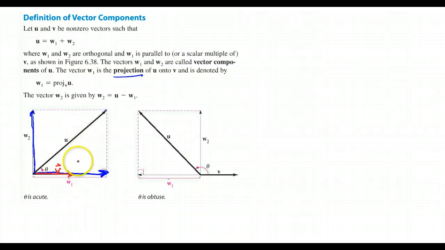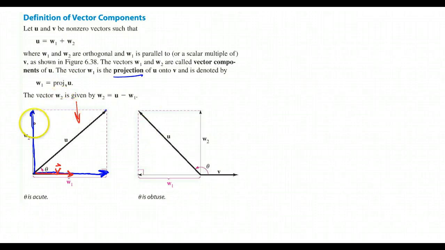If it helps, you can think of w1 as kind of like a shadow. If vector v is going along the horizontal and I shined a light down on top of vector u, its shadow would be right over on top of vector v. So w1 is called the projection of u onto v.